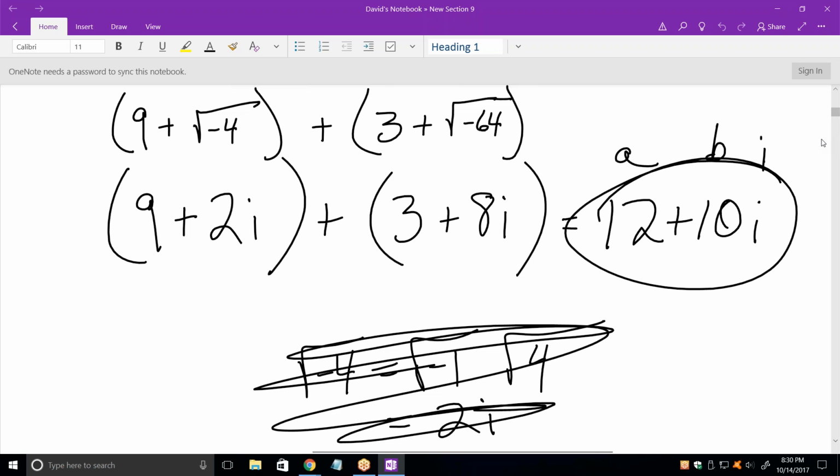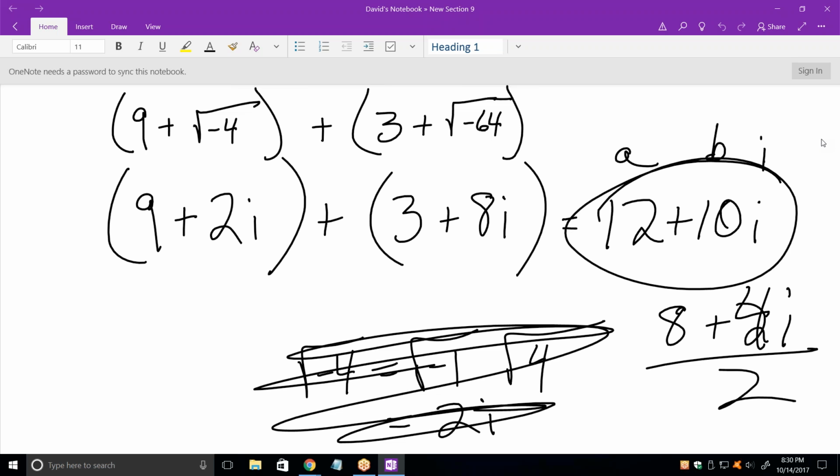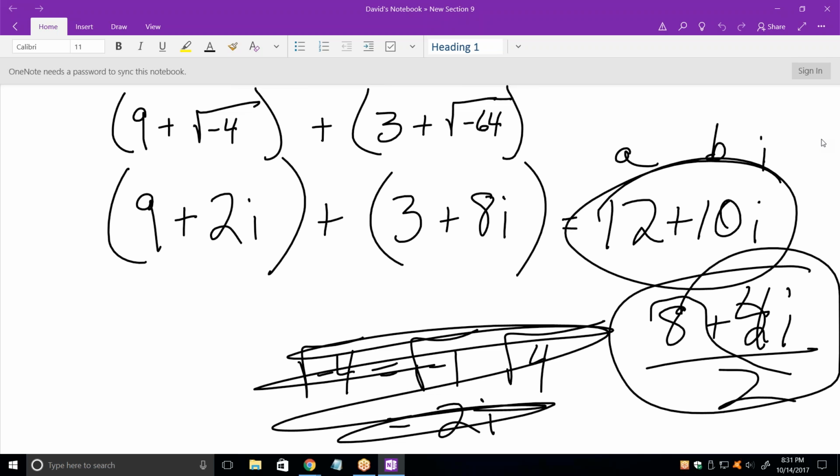What would not be a plus bi is if you had something like 8 plus 4i all over 2. That is not a plus bi format. You would need to separate that into two parts. There's the a, which is 4, and the b, which becomes 2i. So that would be 4 plus 2i.